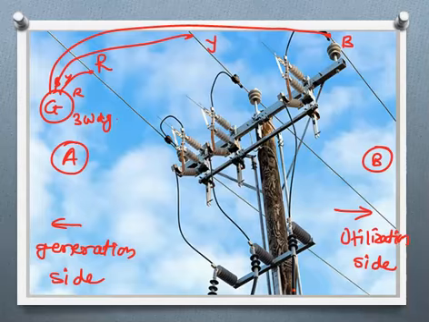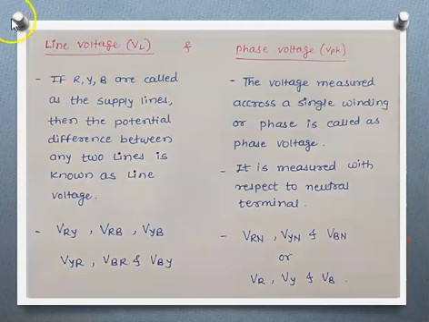So first we will see the line voltage. Line voltage is denoted by capital V suffix L. If R, Y, B are called supply lines, then the potential difference between any two lines is known as line voltage.